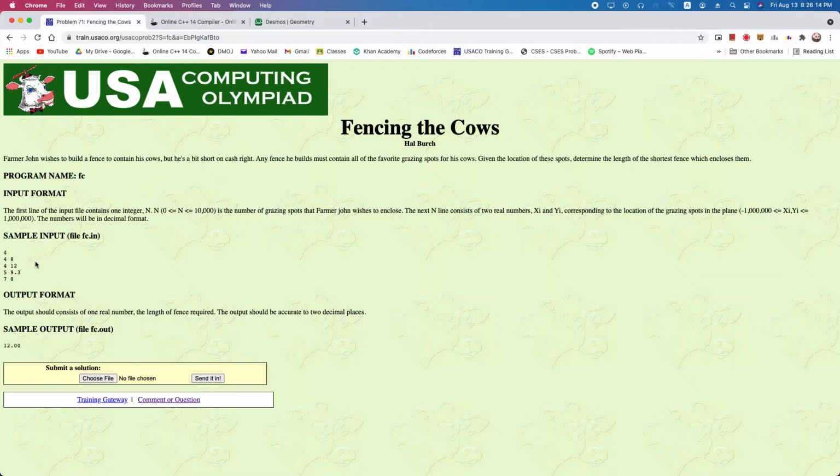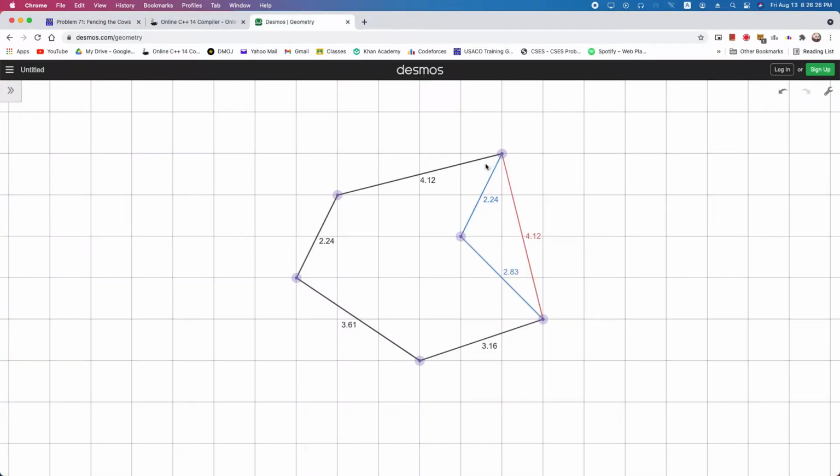The reason it's called convex hull is that the optimal solution is guaranteed to not be any concave shapes. For example, here, let's say we have these few points, and if we connect a fence from this point to this point, and then this point to this point, we wrap up everything, and everything inside will be included.